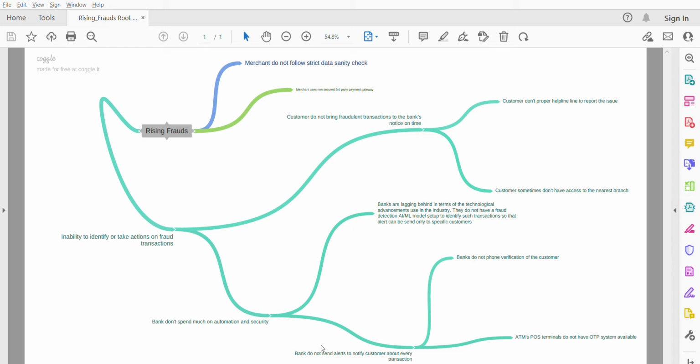And also sometimes when you're trying to transfer money to another account, maybe we have transferred money to some other account that is not known to us. So this is also the case.